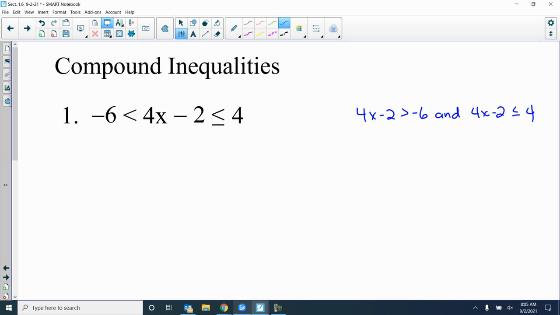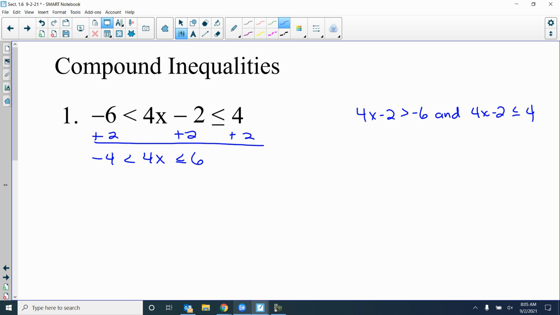To solve it when it's like this, you add 2 to the middle, the right, and the left. And that'll give us negative 4 is less than 4x is less than or equal to 6. And now we just got to get the x by itself in the middle there.